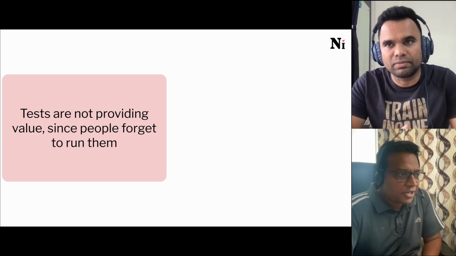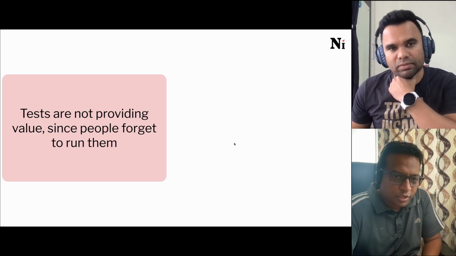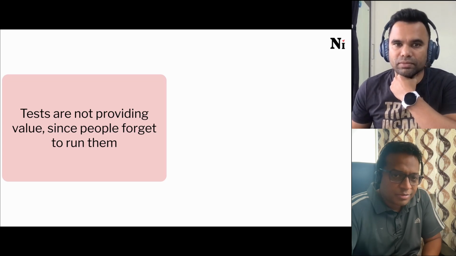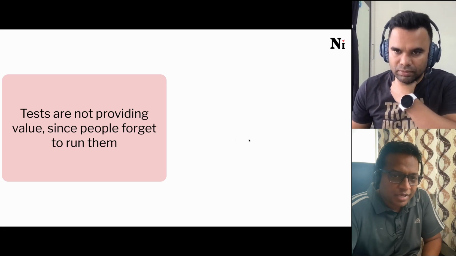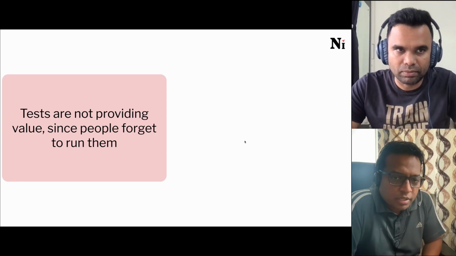Yeah, I think the way to solve it would be to take people out of the equation when it comes to running tests. Tests need to run continuously, and at every check-in, so that nobody has to remember to run them.